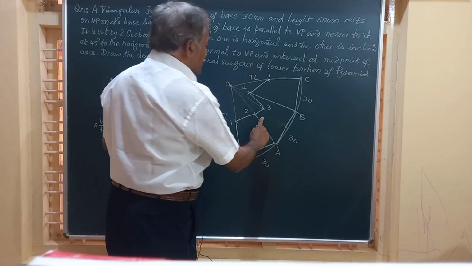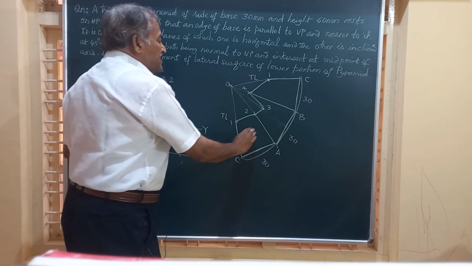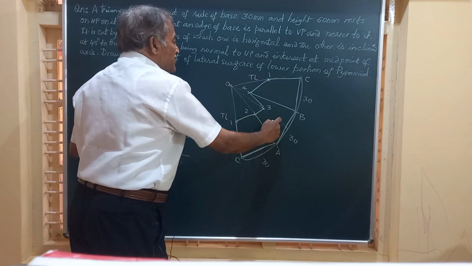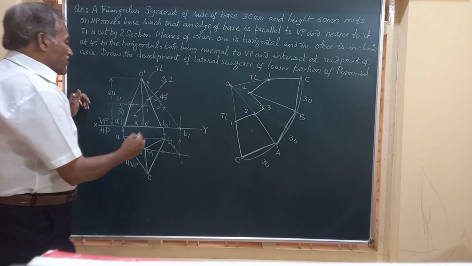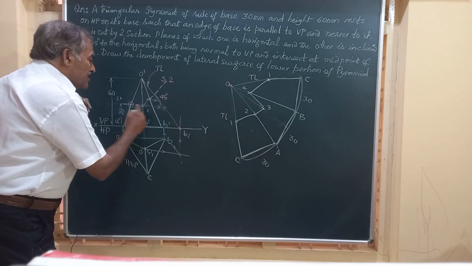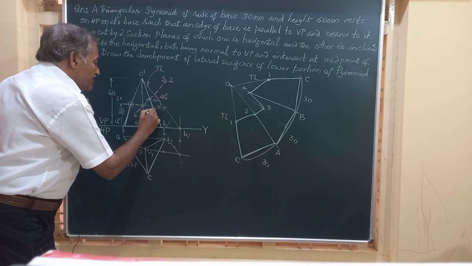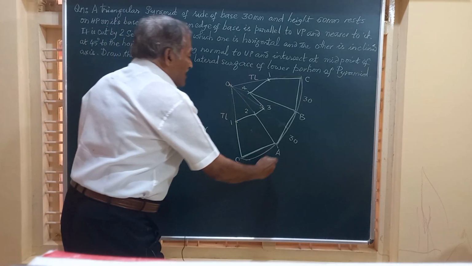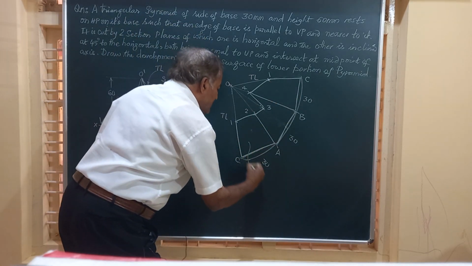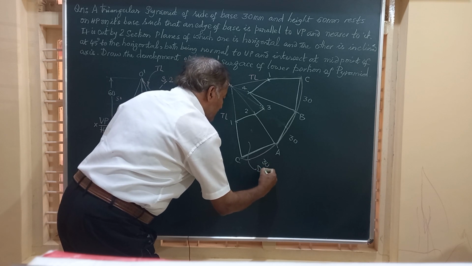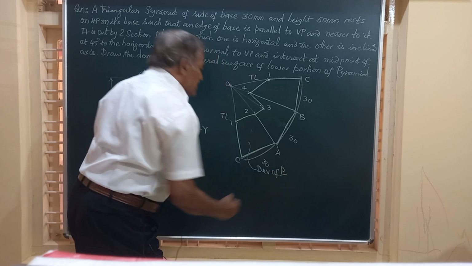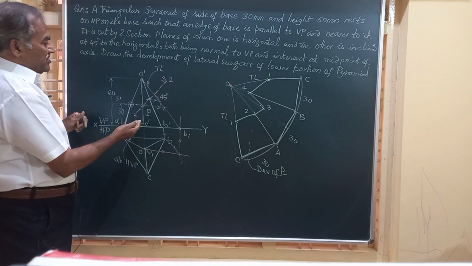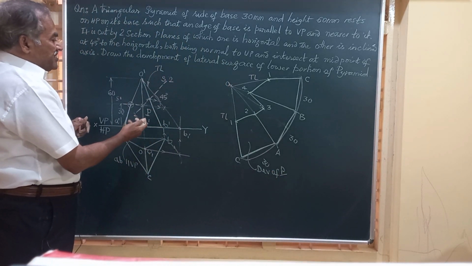And here we are not supposed to join because only there should be 3 triangles. 1, 2, 3. And this is how we get the development for this part, the lower part, which we call it as P. And this colored portion, whatever done here, will give you development of P, and P is the lower part of the pyramid.